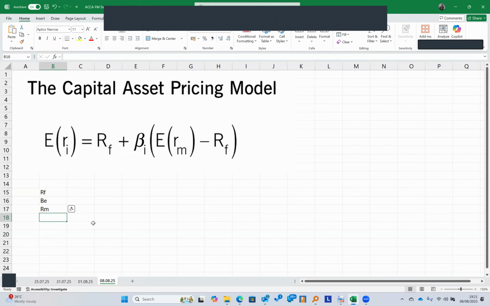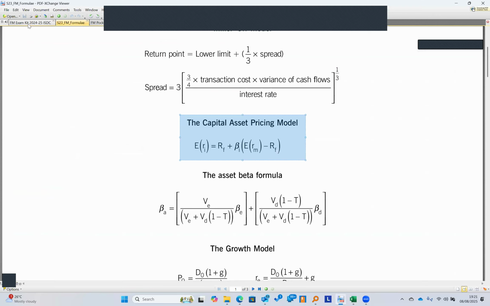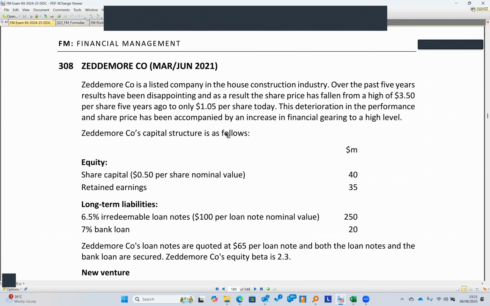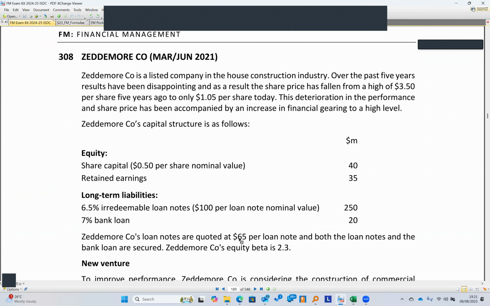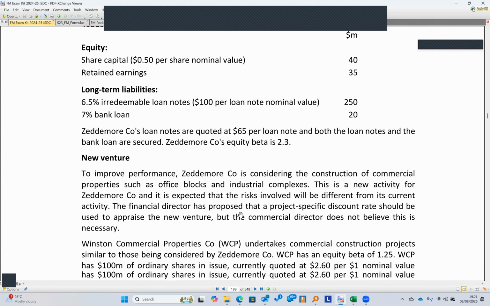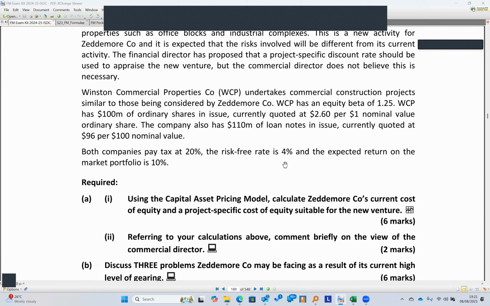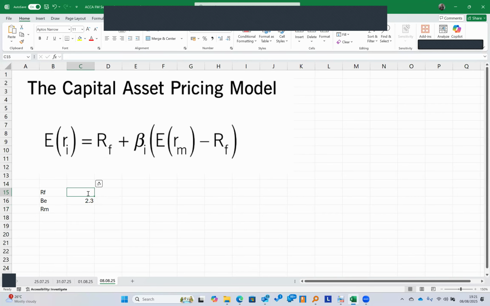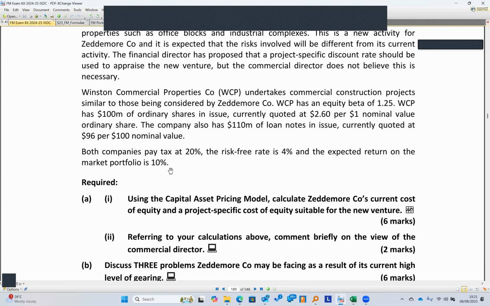So in this question, they gave us that the equity beta is 2.3. So we can put that 2.3. Risk-free rate, they've told us it is 4%. And the market return is 10%.